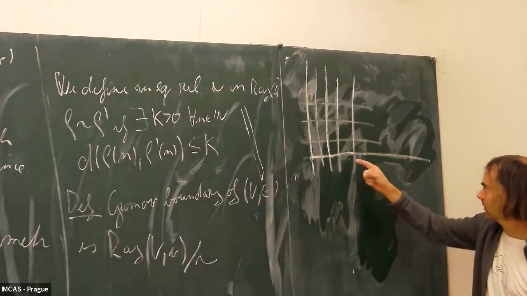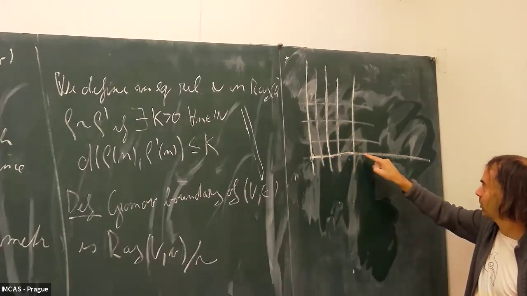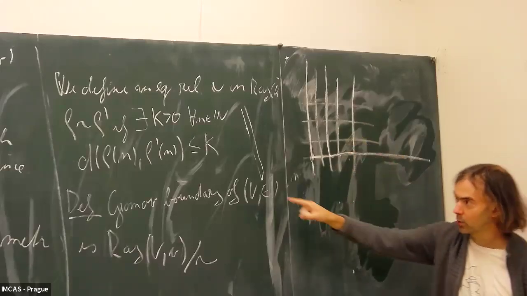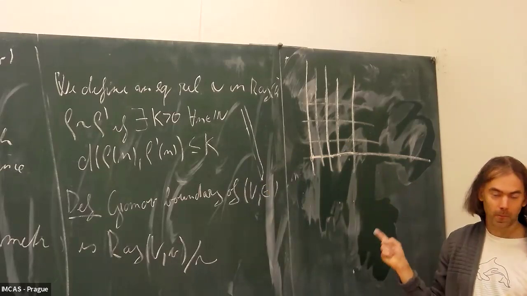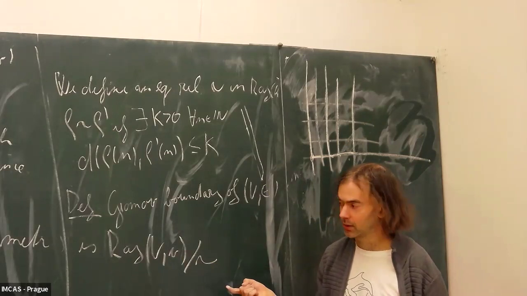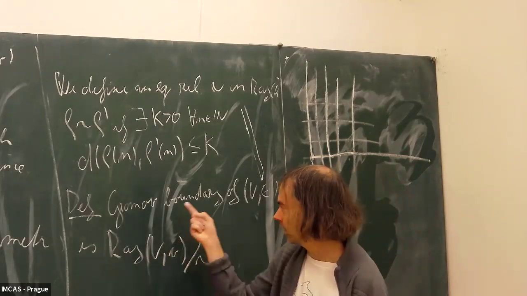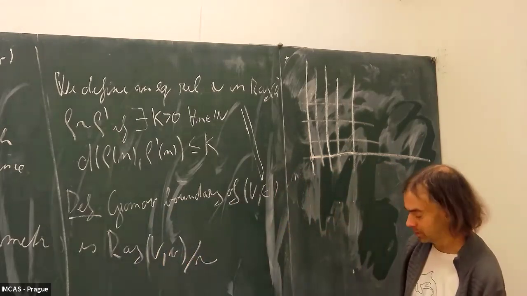So you cannot have two geodesic rays which are equivalent but whose constant K goes to infinity. This constant is always bounded, and for this reason the equivalence relation on a hyperbolic metric space is closed, and you can take the quotient and it will be a compact metrizable space.